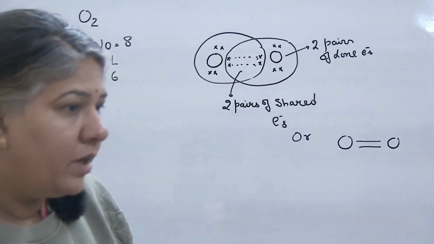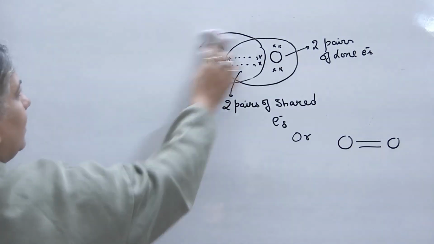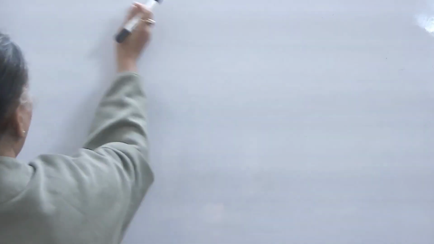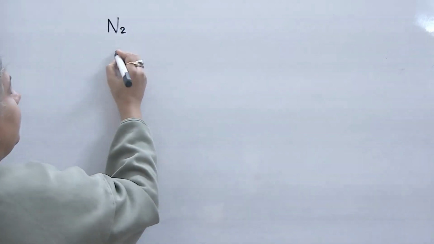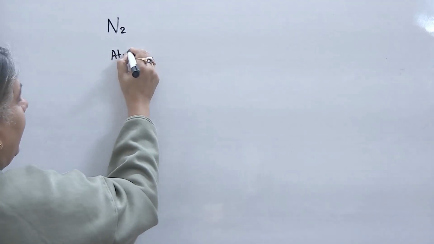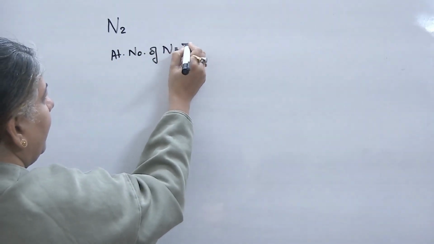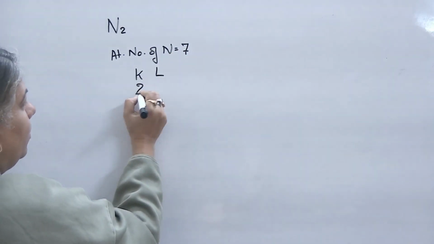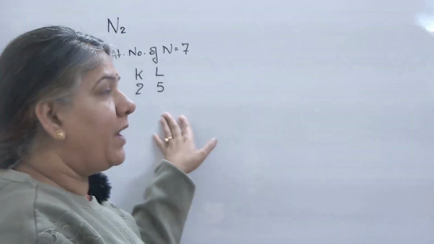So the next molecule will be nitrogen, atomic number 7. It's a diatomic gas present in nature. Its electronic configuration is 2, 5, so the valence shell has 5 electrons.